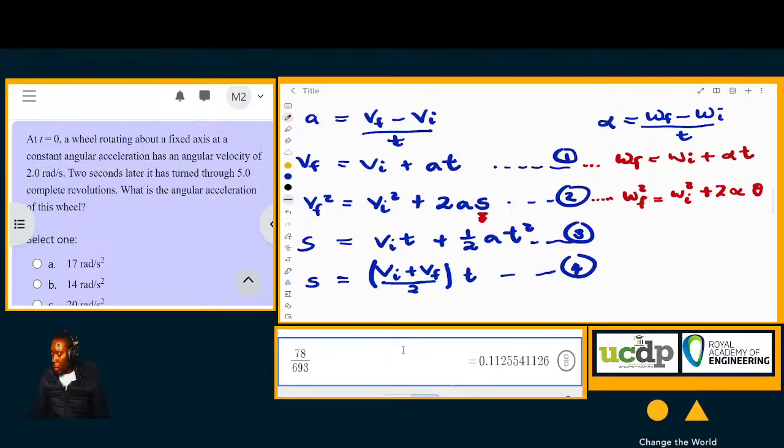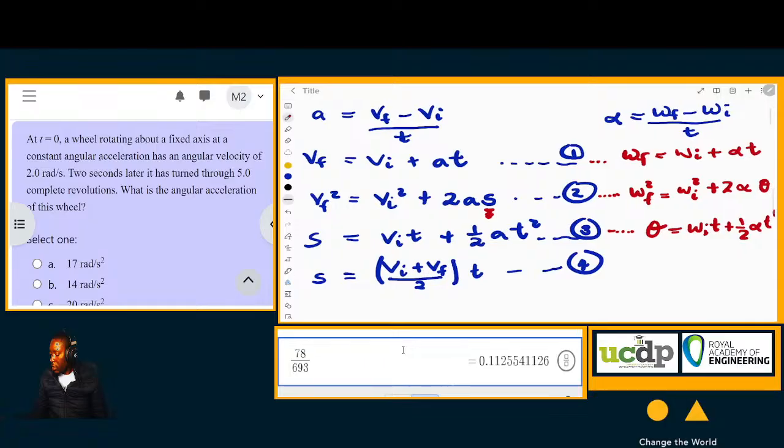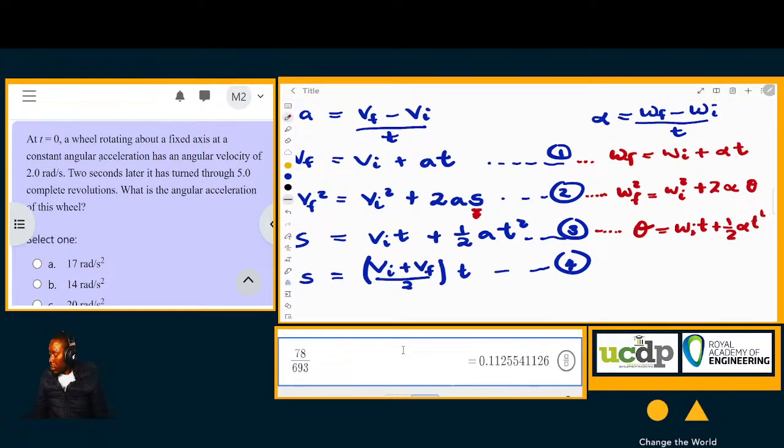And so what else do we have there? We have the next one. We want to find theta. So theta will be omega I times t plus half alpha t squared. And the last one, theta again, will be omega I plus omega final over 2 multiplied by t.